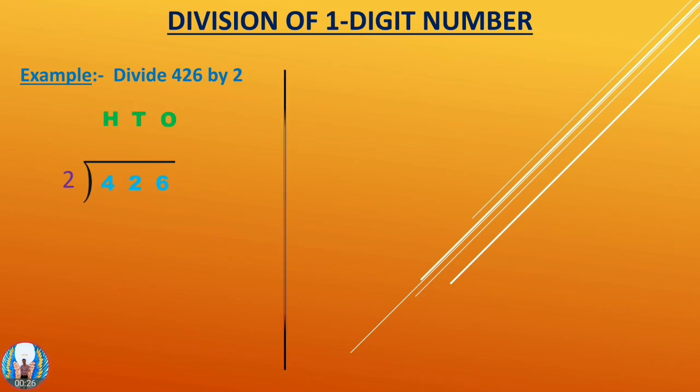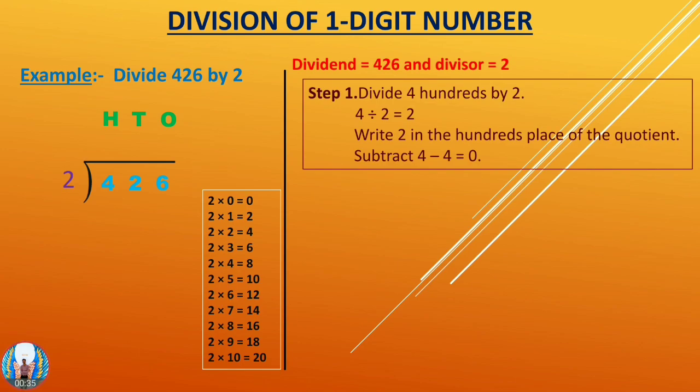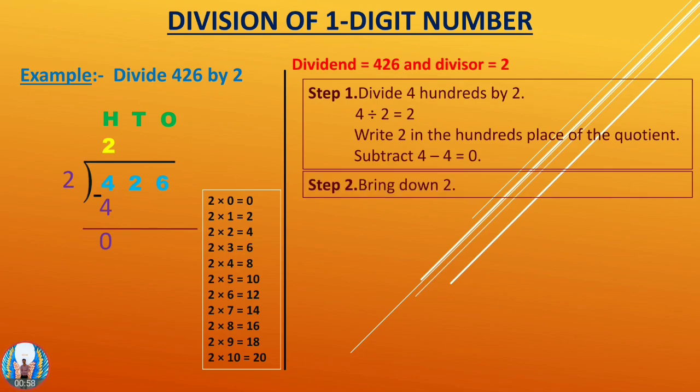Then step 1, divide 400 by 2. So 4 is coming in the 2 place, that is 2 2s are 4. We will write 2 in the hundreds place of the quotient, and then we will subtract 4 minus 4, that is 0. Now we will bring down the second 2.